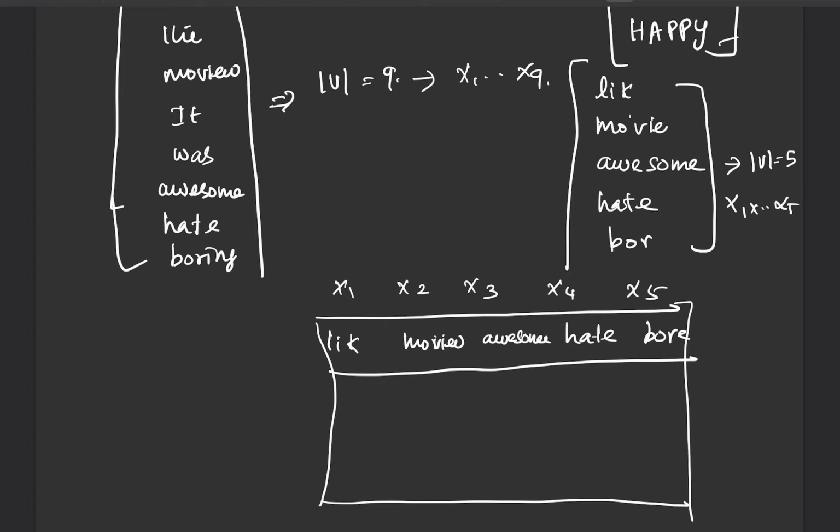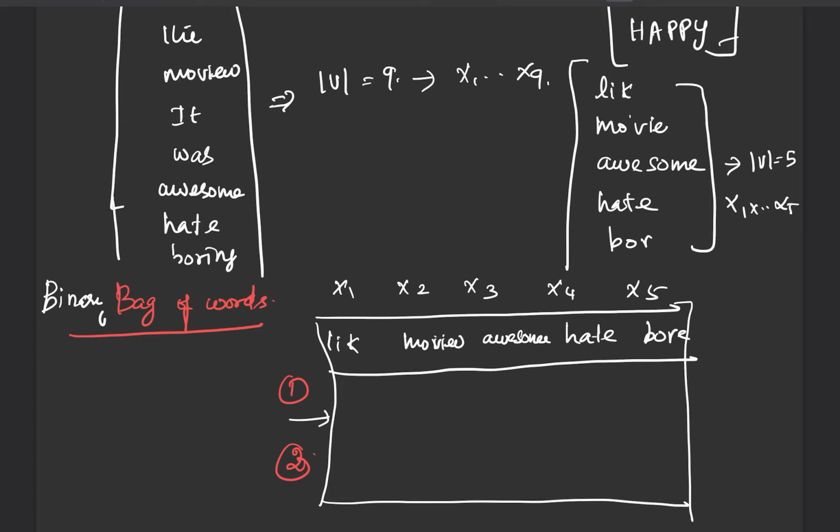One of the feature engineering methods we saw in our previous classes is bag of words, that's binary bag of words. What we do in binary bag of words is just create binary features, which have values 1 or 0. Now we have sentence 1, movie review sentence 1, sentence 2. Sentence 1 is I liked the movie, it was awesome.